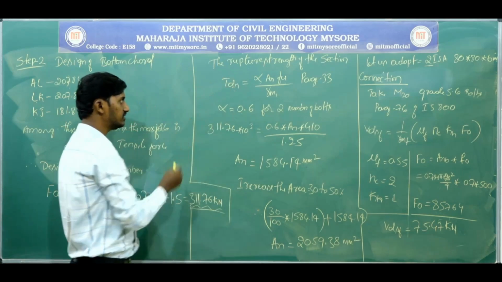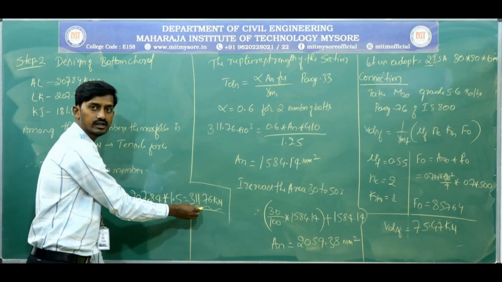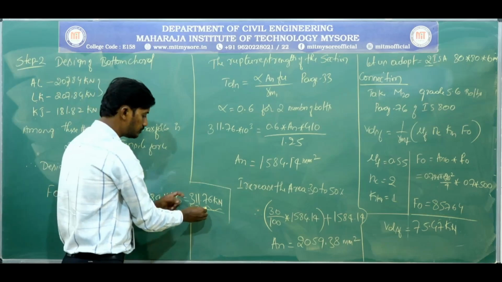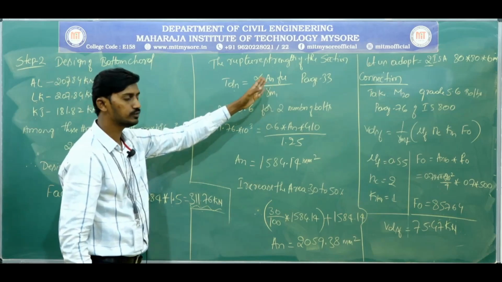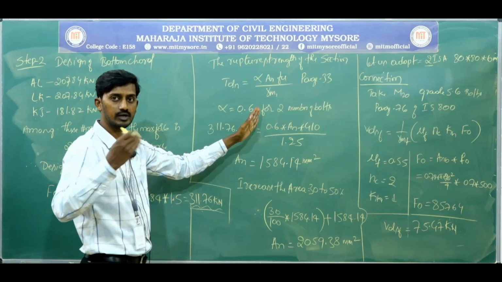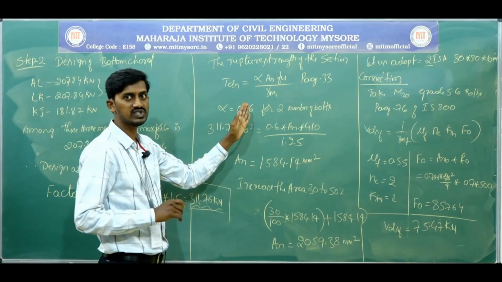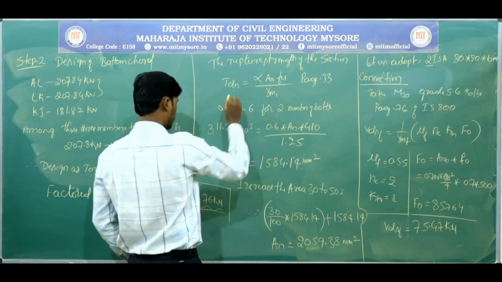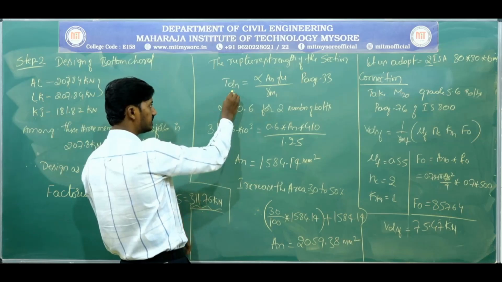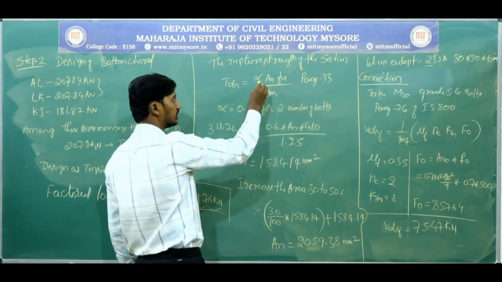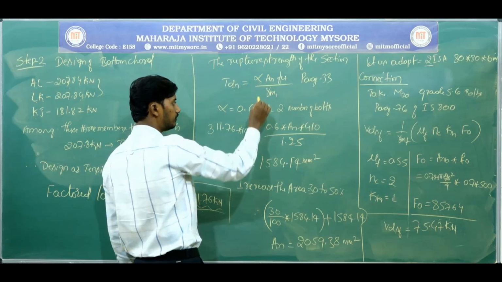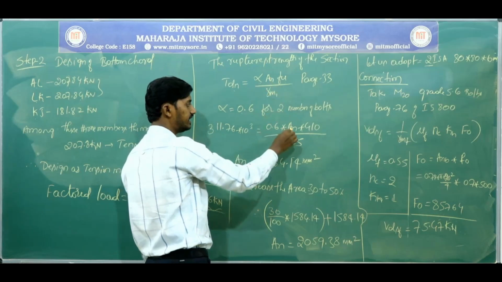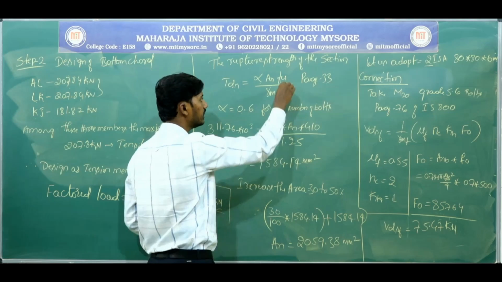So TDN is nothing but the force we got. We are substituting this force to find out the area. Once we get the area, we can select the section from the steel table. So this load we have considered for TDN, that is the design tension load, and alpha is 0.6, net area we don't know, we need to find.